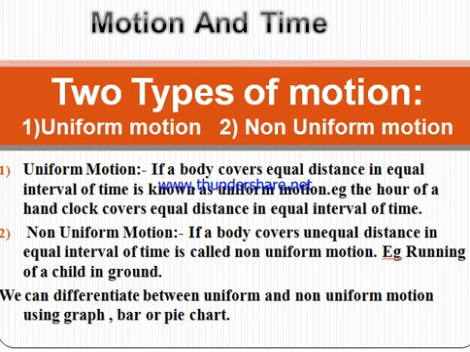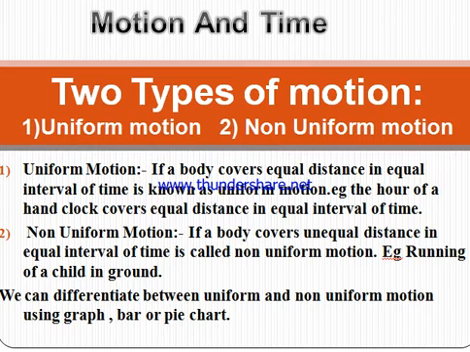So if a body covers equal distance in equal intervals of time, then it is known as uniform motion. Example, the hour hand and the minute hand of a clock always move regularly in regular intervals of time, so they are known as uniform motion.